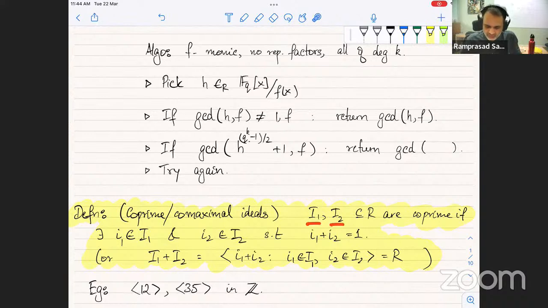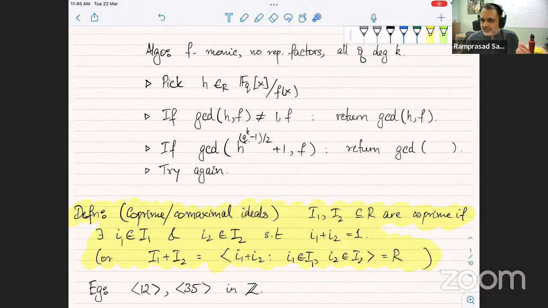Two ideals I1 and I2 are said to be co-prime or co-maximal if there are elements in I1 and I2, let's call them small i1 and small i2, such that they sum up to 1. Another way of saying this, which will tell you why it is called co-maximal, is that if you look at the smallest ideal that contains both I1 and I2, in particular it must contain 1, because the definition said that the sum of these elements is 1.